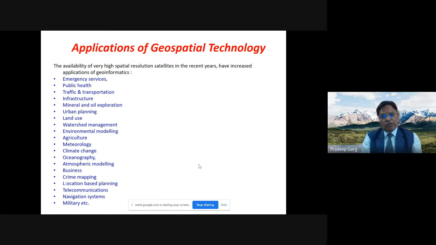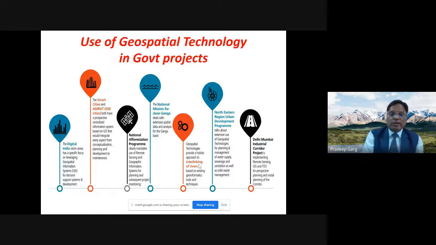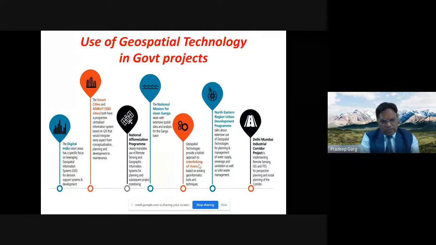Whether we are talking of today's climatic change, meteorology, agriculture, mineral and oil exploration, infrastructure development, telecommunication, atmospheric modeling, business, or crime mapping, geospatial technology has a very important role to play and can provide very useful data in several government projects. In fact, it has now become almost mandatory to use geospatial technology in large projects, big projects.